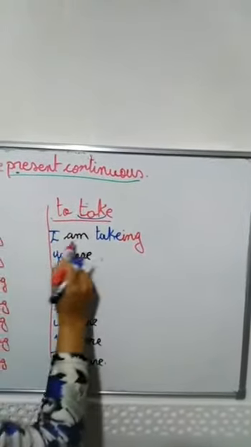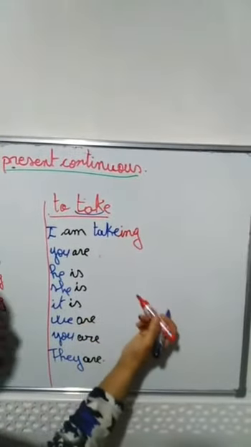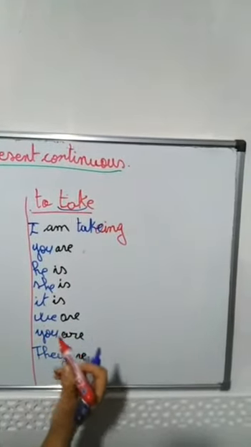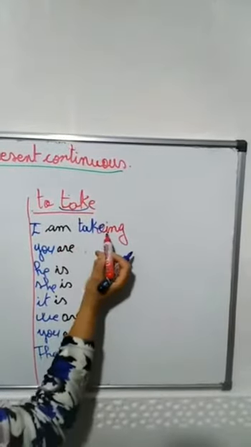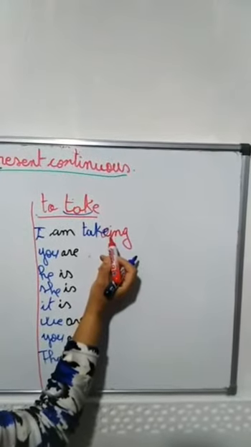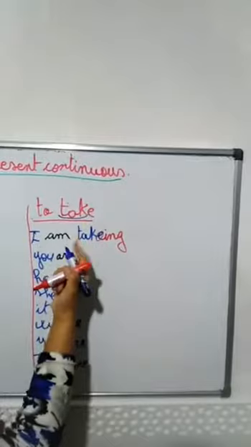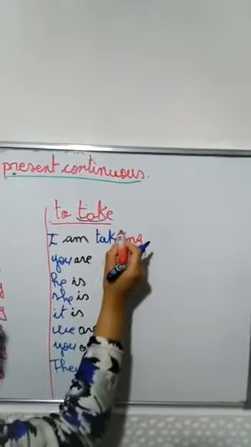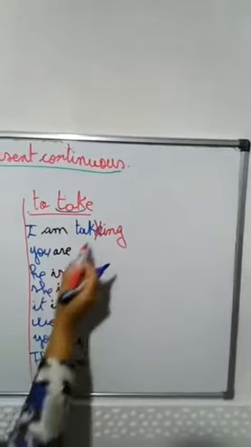I will say, I am takeing. Why takeing? Because I have e. So here there is a mistake. What is it? I can't add ing form to the verbs that end with e, not just the verb to take, but all the verbs that end with e. That's why I have to delete e.